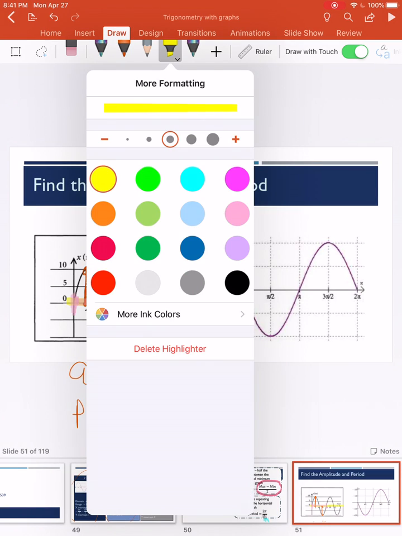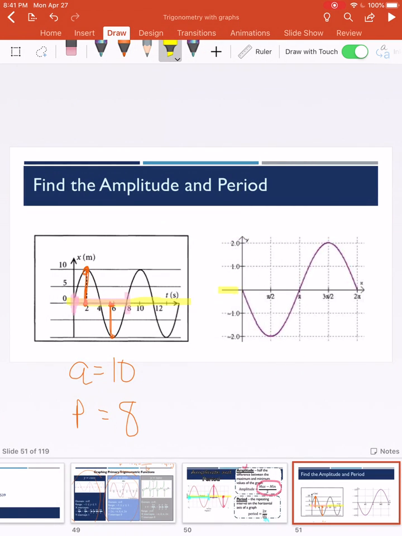Again, I like to always draw my midline. That's just my preference. This one's again easy because the midline's just on the x-axis. That won't always be the case though. If I draw my amplitude, I see that it's 2, because that's the distance from the midline to the maximum point, or from the midline to the minimum point.